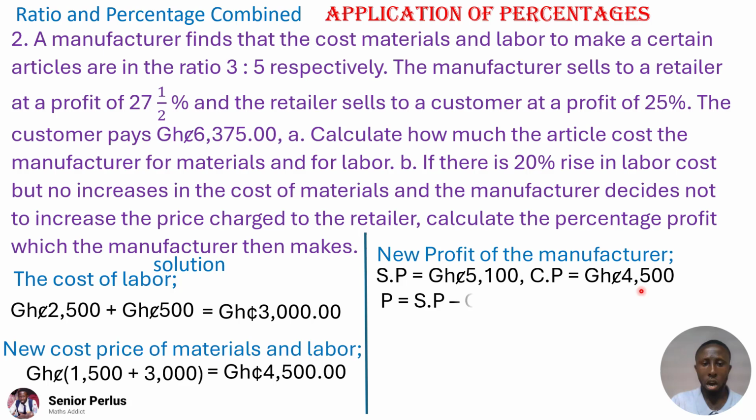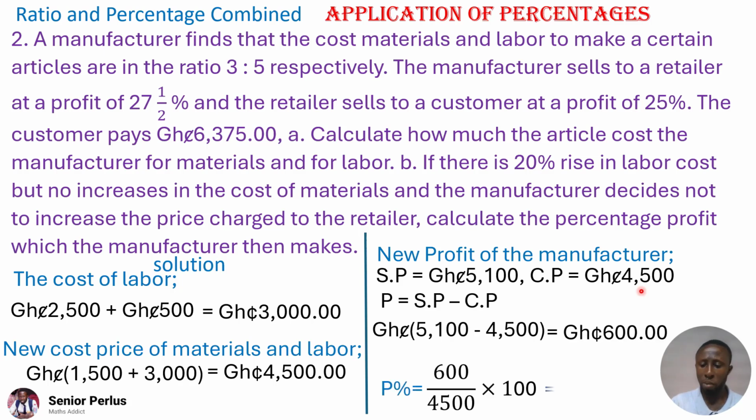So therefore, our profit is this. Then profit percent is 13.3%. Okay, since we know the profit percent, that's the 13%.